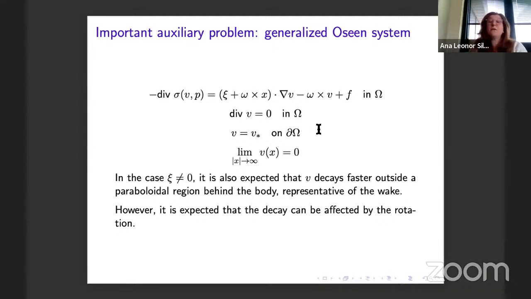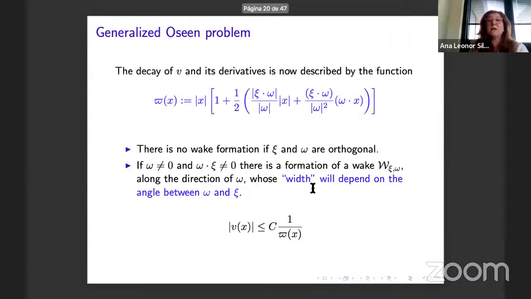And the effect on, let's say, the flow profile is also going to be different, okay? So let's see. There will be a combined effect of translation and rotation, which can be expressed now by this weight function. So the velocity is going to be controlled by a certain constant times 1 over W, and now in terms of rotation, we are going to have this effect on the decay of the velocity.